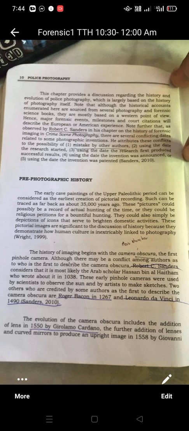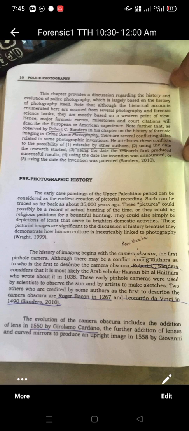The imaging begins with the camera obscura. It is a darkened room with a small hole or lens at one side, and it is the first pinhole camera. The description of the camera obscura is considered by Robert C. Sanders. Most likely, the Arab scholar Hassan bin al-Haytham wrote about it in 1038.